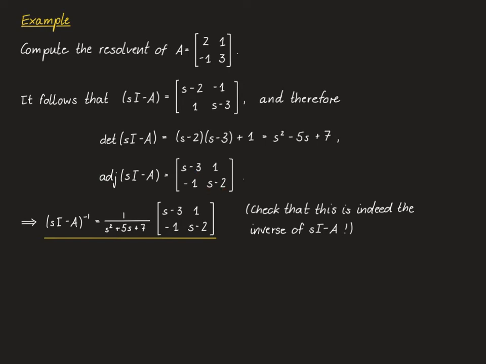If A were a 3 by 3 matrix, the minors would lead to polynomials of a maximum order of 2. If A were a 4 by 4 matrix, a maximum order of 3, and so on.